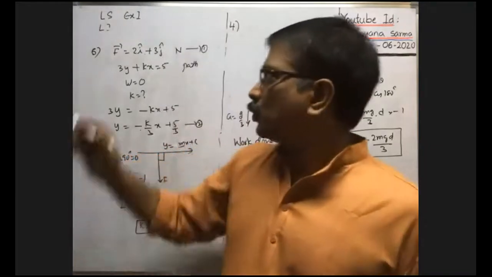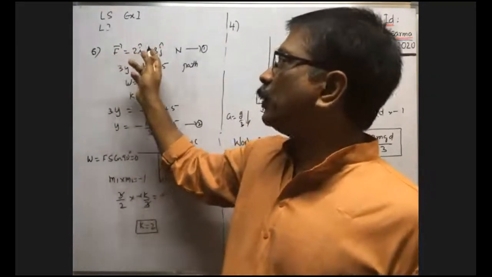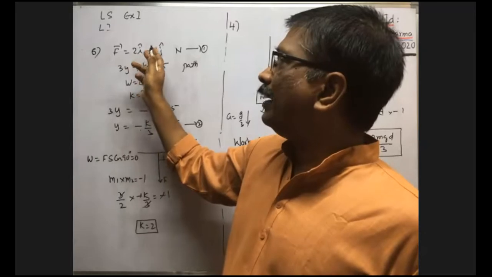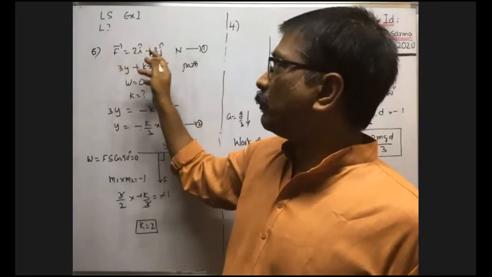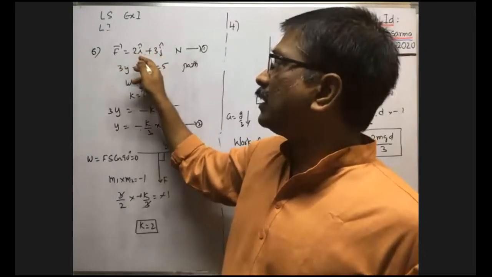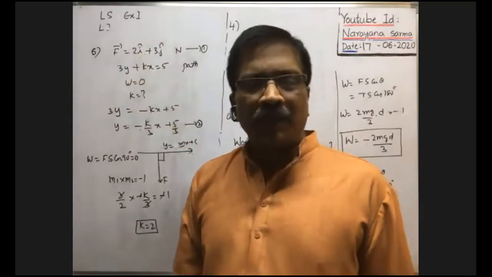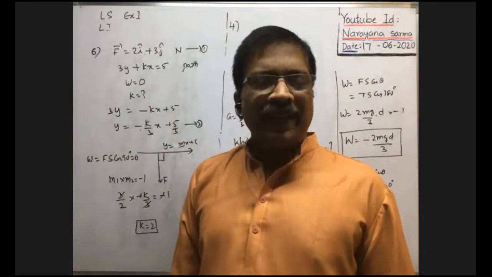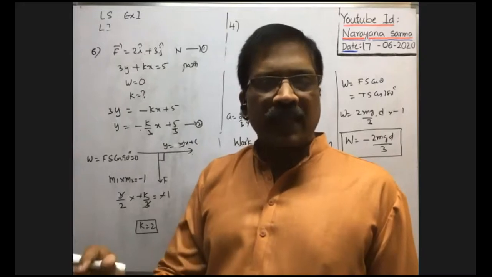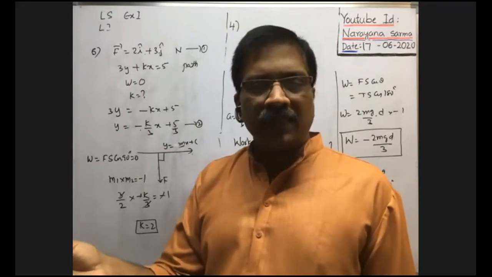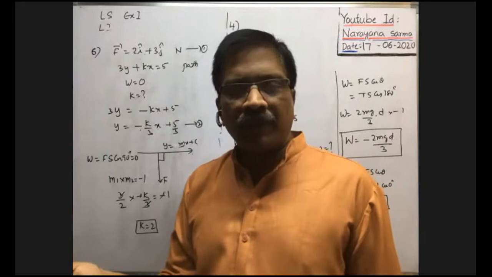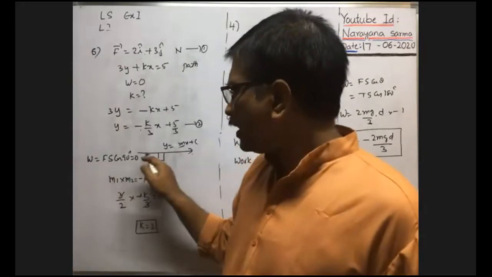Slope of any vector means the angle made by the force vector with the positive x-axis is given by tan theta is equal to y by x, no? Already I said the angle made by a given vector with the positive x-axis, tan theta, is equal to y by x. Work done is given as 0.